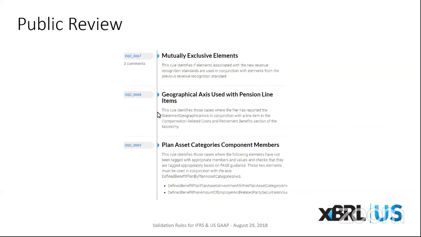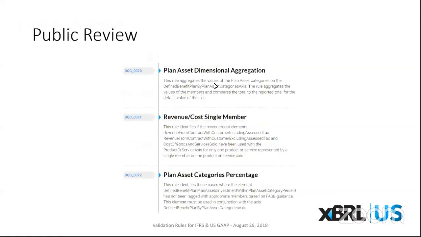To get more details on that, if you want to understand it better, I recommend that you look at the implementation guide from the FASB. However, if it looks like it's a problem and you get this error coming up, then you should probably look at that. If you don't have a pension plan, obviously this rule is not going to apply to you. So if we go to the next rule, please, Michelle, I think that's Rule 70 on the next slide.